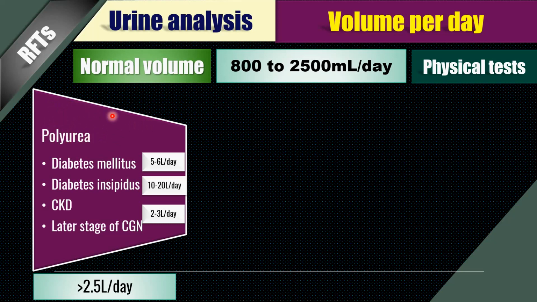The conditions in which we observe polyuria are diabetes mellitus, where more than 5 to 6 liters of urine is excreted per day. In diabetes insipidus, the urine output is about 10 to 20 liters per day. In chronic kidney disease and later stage of chronic glomerular nephritis, the urine excretion is about 2 to 3 liters per day. So this is about polyuria.